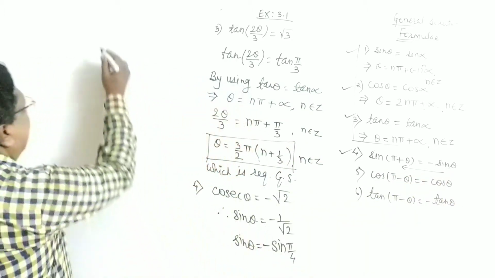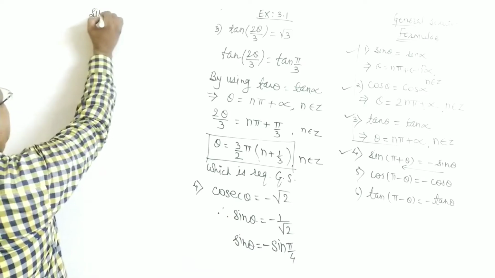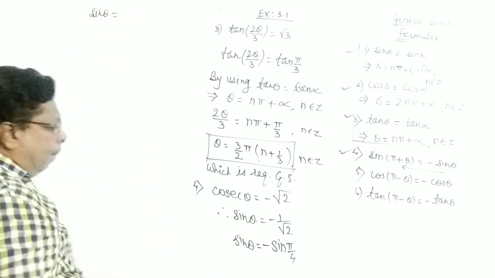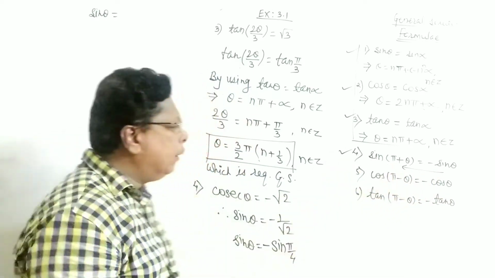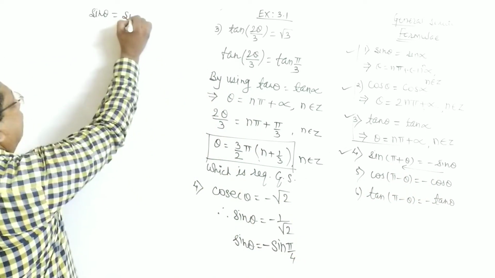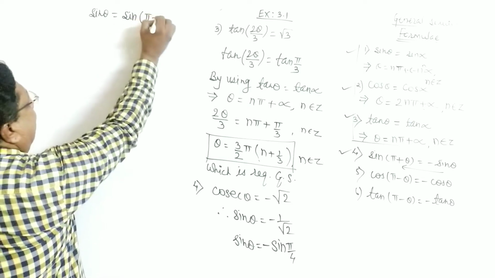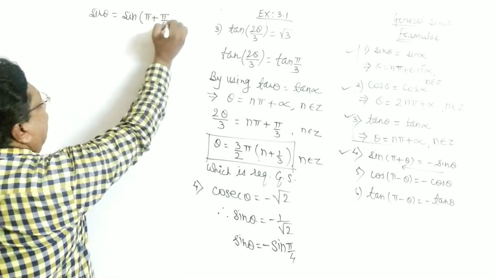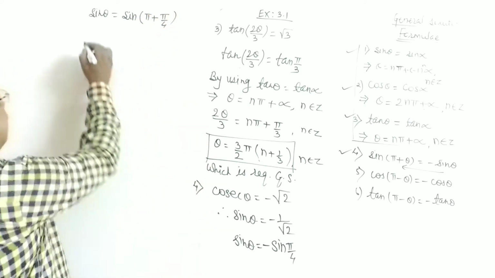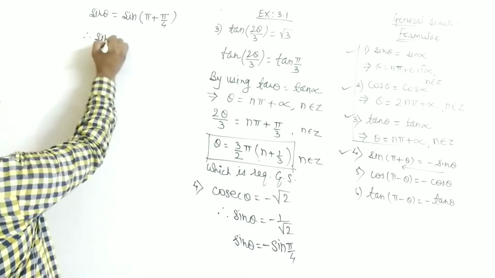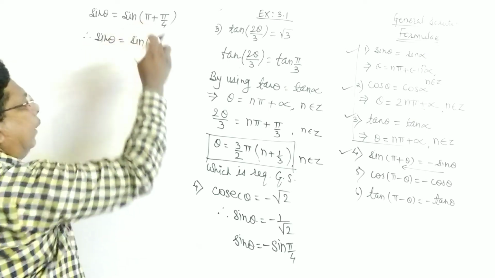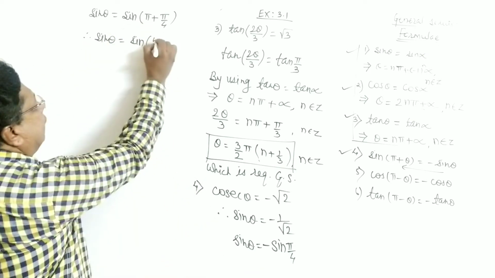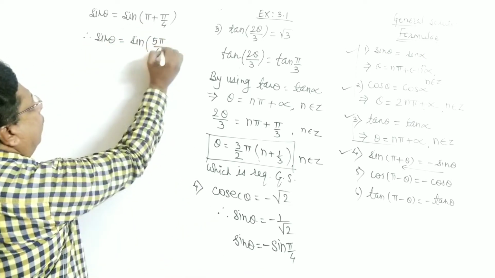So minus sin theta is equal to sin of pi plus theta, theta is pi by 4, sin of pi plus pi by 4. So this can be written as sin theta is equal to sin of 4 pi plus pi, that is 5 pi upon 4.